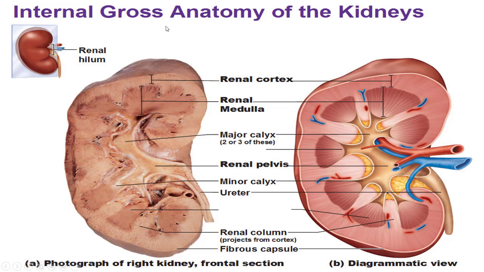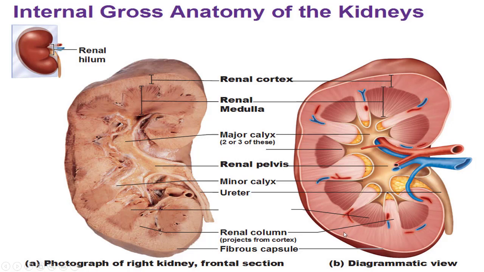Here we have an illustration on the right and a real kidney on the left. The cortex, the outermost part here, you can see is a lighter color. The medulla, here you can see it's a little bit darker in its coloring. I'll point out the columns and the pyramids.